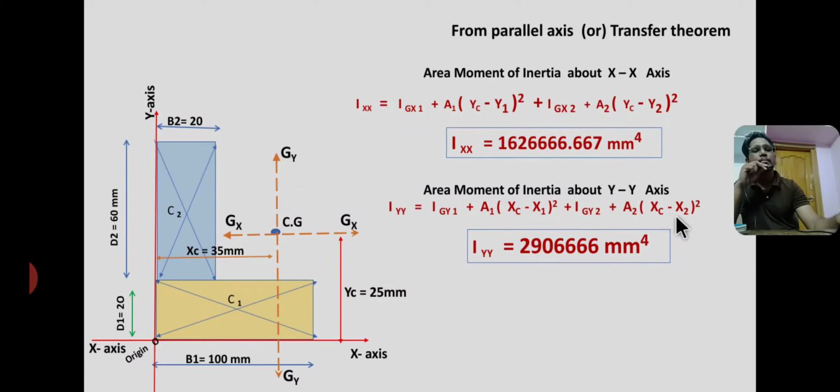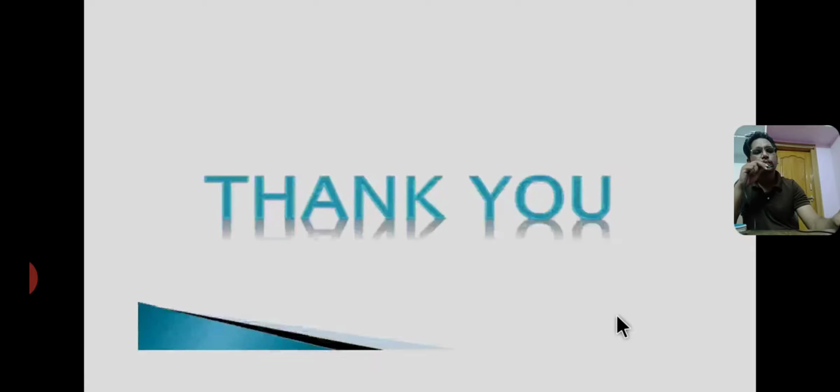Similarly xc minus x2 is the distance between c2 and cz, that is also a horizontal distance. Substitute all values in this formula, we will get the final answers, that is Ixx equal to this value and Iyy equal to this value. So it is the final answer of the area moment of inertia of the L section. Okay, thank you.